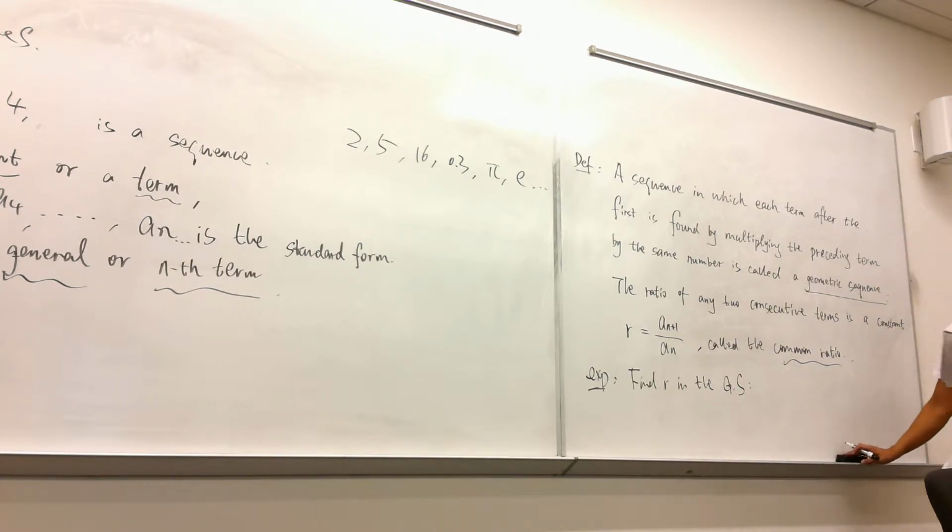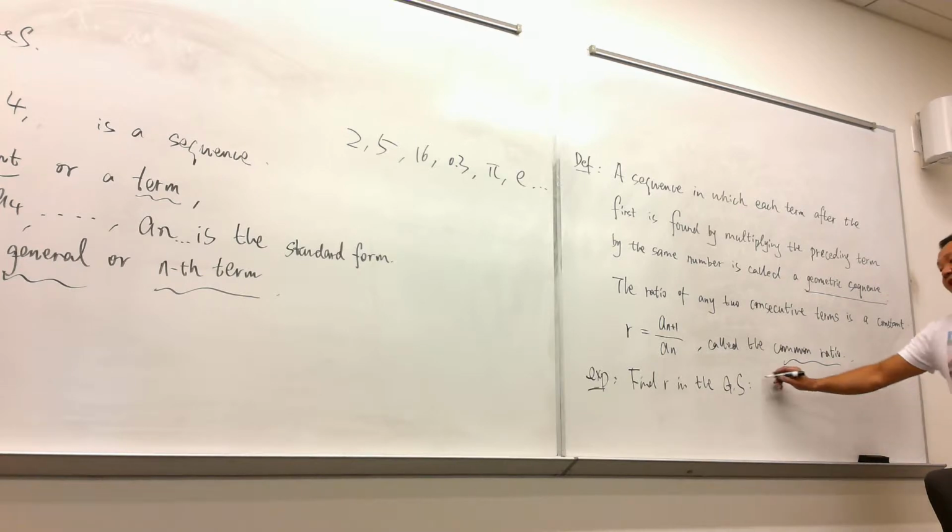The geometric sequence is the following: 3, -6, 12, -24, and then 48. So what is the common ratio r in this particular geometric sequence?